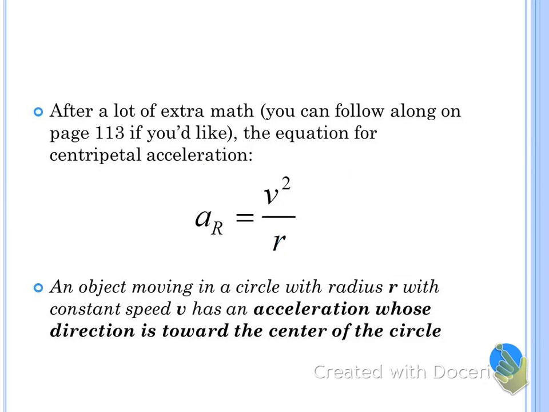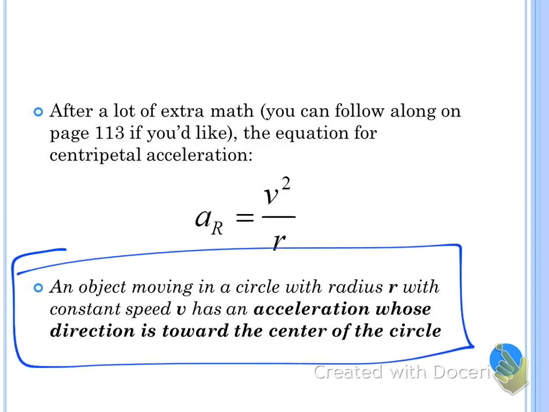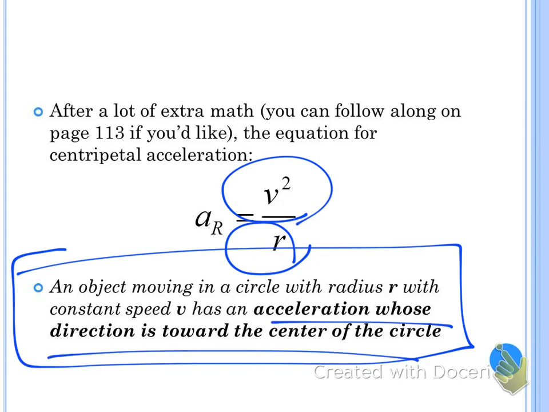So here's our definition of centripetal acceleration. An object moving in a circle with a radius r with constant speed v has an acceleration whose direction is toward the center of the circle. That means the acceleration vector is always pointing toward the center of the circle.